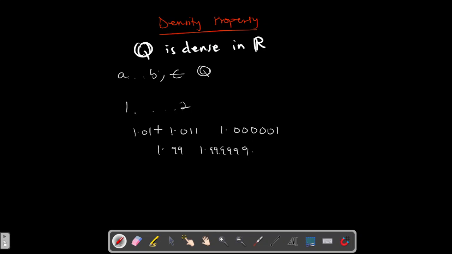So before you realize, you can have infinitely many rational numbers between any two rational numbers. And that is a characteristic property of rational numbers, so that within any two, when you take 0.3 and 0.5, within these two there are infinitely many rational numbers. You can have 0.33333 and so on and so forth. And that is the whole idea of Q being dense in R.